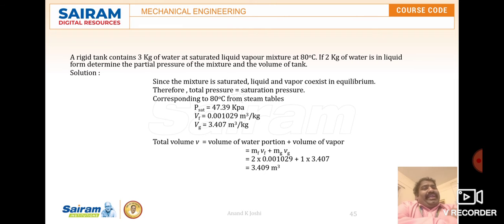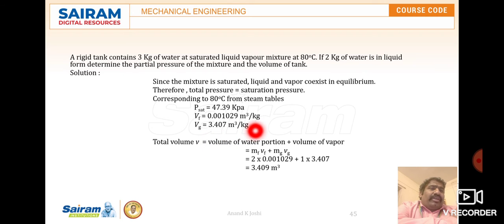The saturation pressure is 47.39 kilopascal. Vf, the specific volume of the water, is 0.001029 meter cube per kg, and Vg, the specific volume of the steam, is 3.407 meter cube per kg.